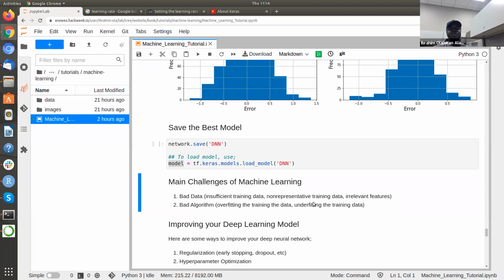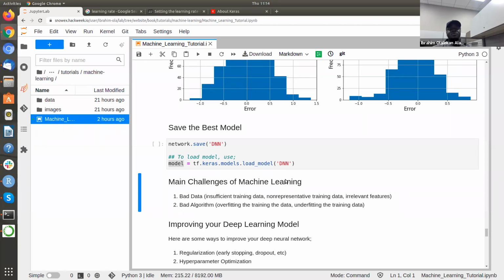If the kind of training data set you have is very different from the kind of data set you would expect in your test data set, then you expect your model to perform very poorly. That could be as a result of selection bias while getting the data sets. So when you are getting your data set, it's important to always avoid bias.